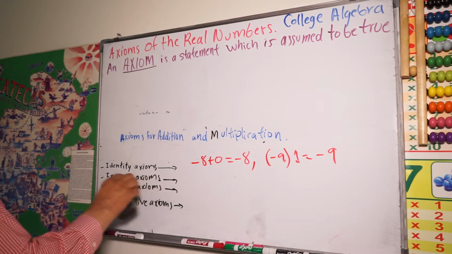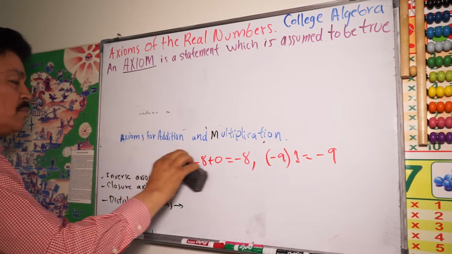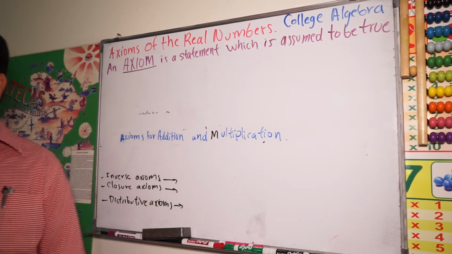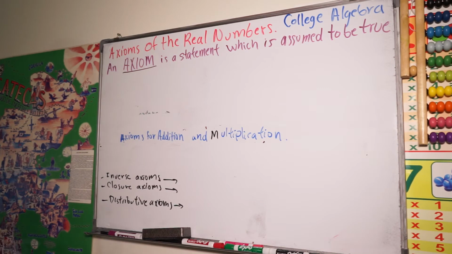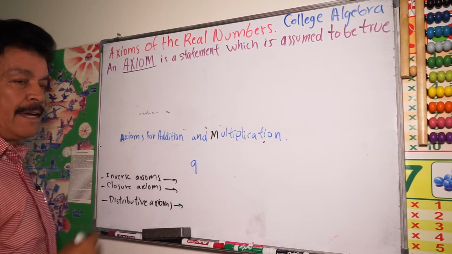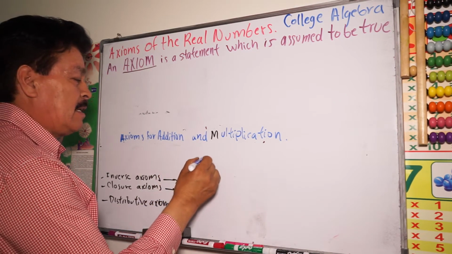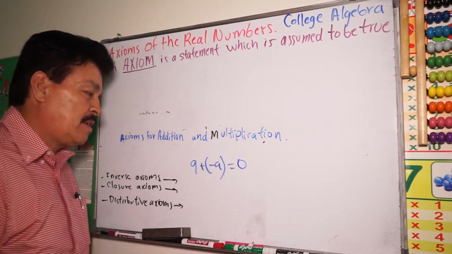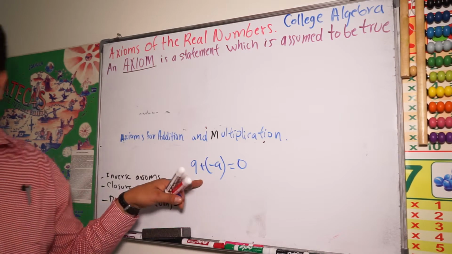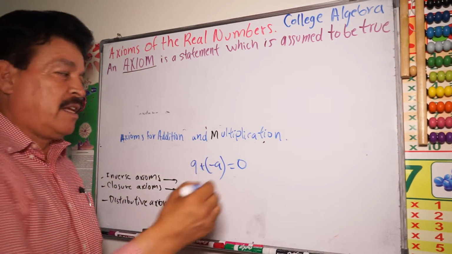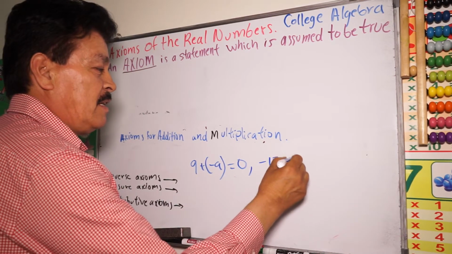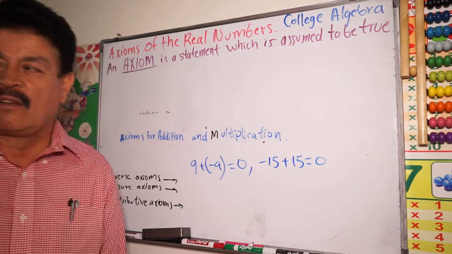Next one, inverse axioms. You can write, for example, 9 plus -9 equals 0. In addition, this is the inverse. Another example: -15 plus 15 equals 0.